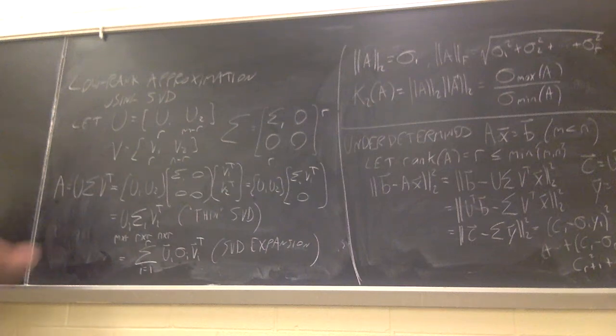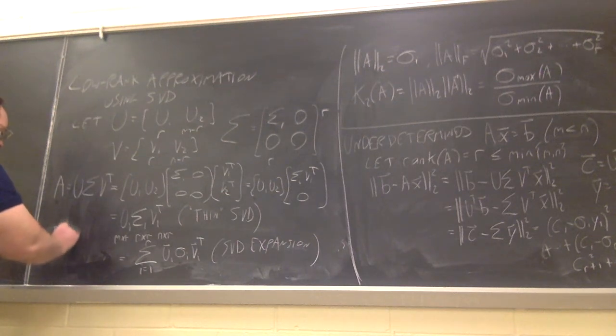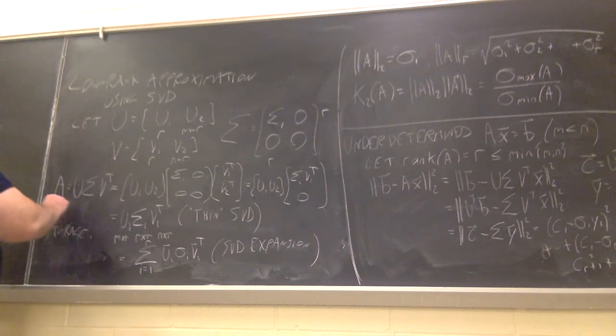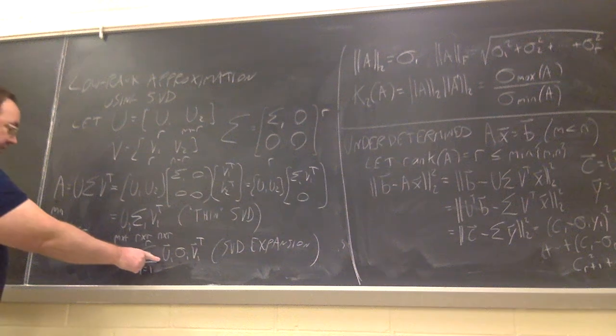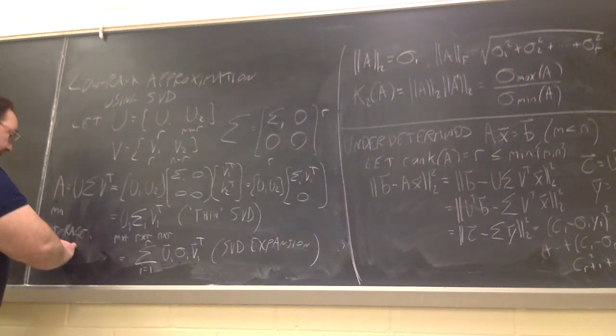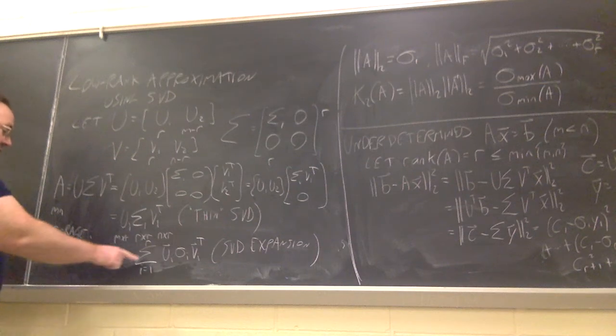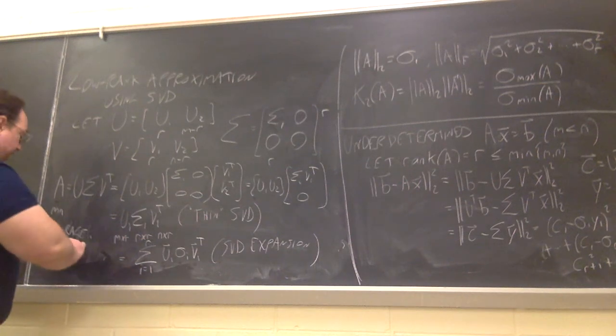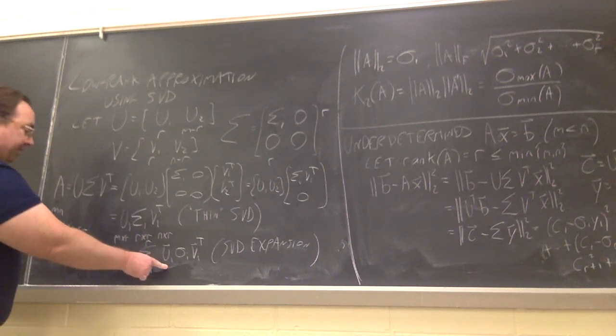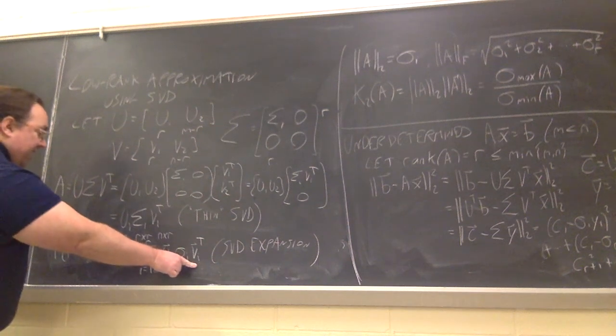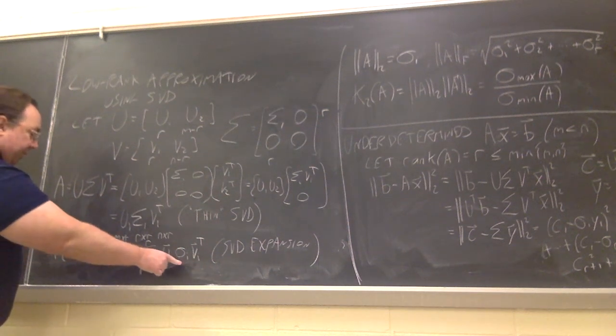So my storage in this case is m times n, but in this case I have r for rank, so that's how many terms I have. Each term requires m entries for this vector, n entries for this vector, and then 1 for this number.